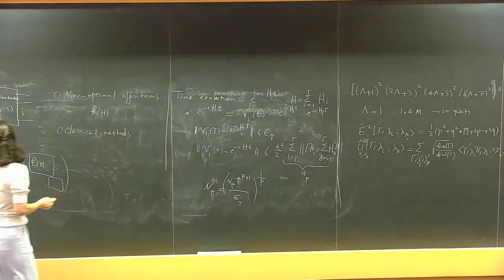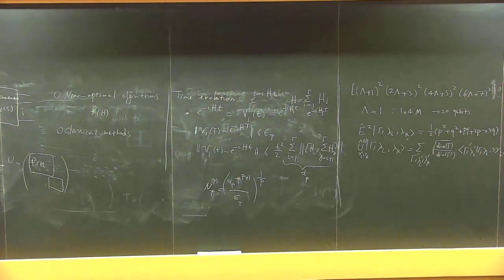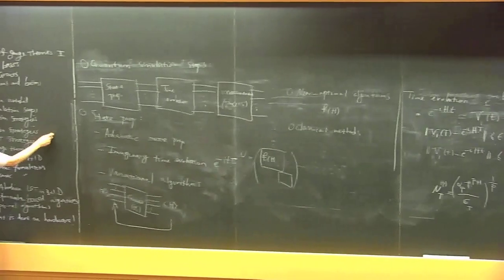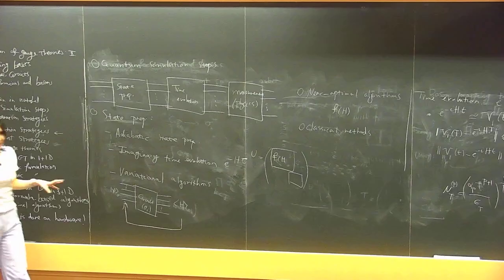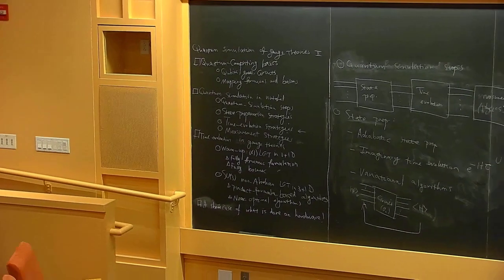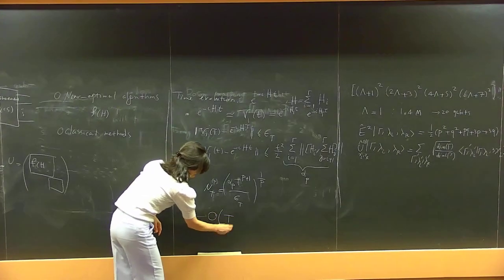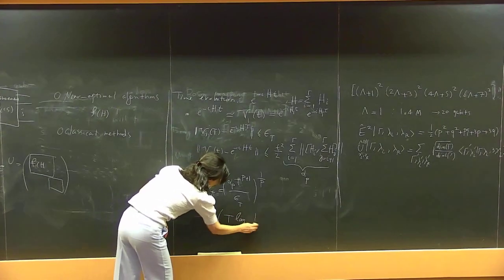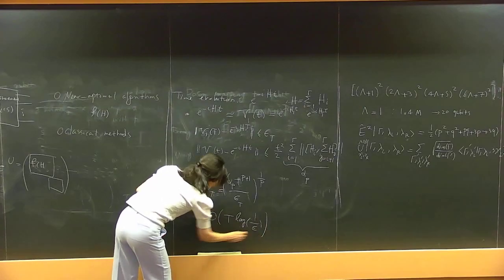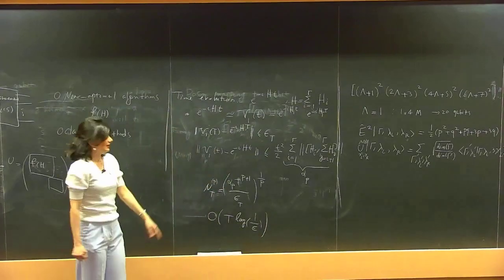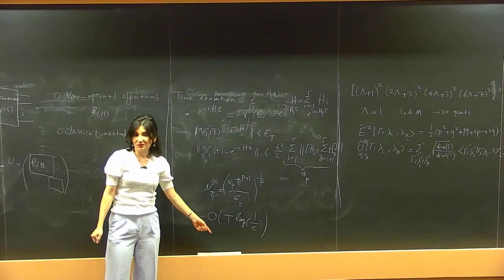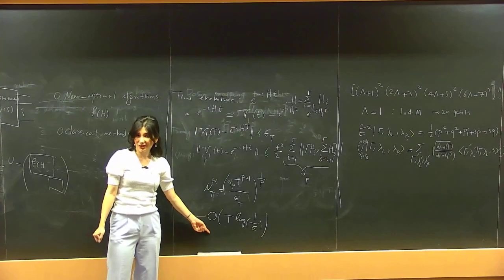But there are near-optimal algorithms for the time evolution, meaning that the time complexity would go like linear in time and logarithmic in 1 over epsilon. They are more complicated circuits. They require more ancilla qubits and so on.